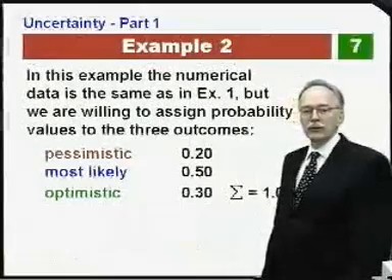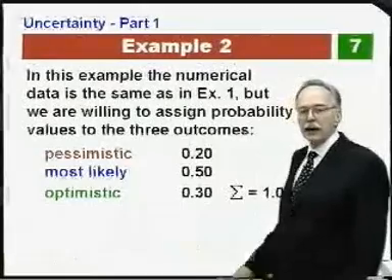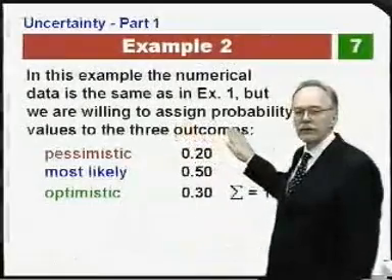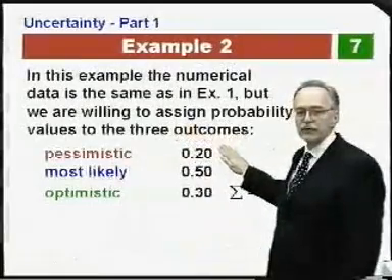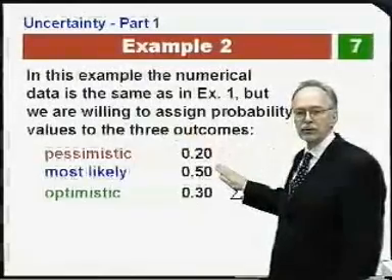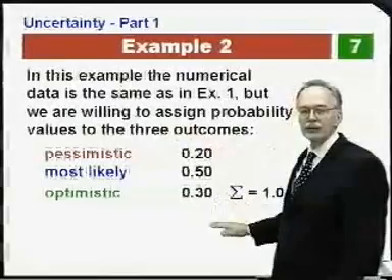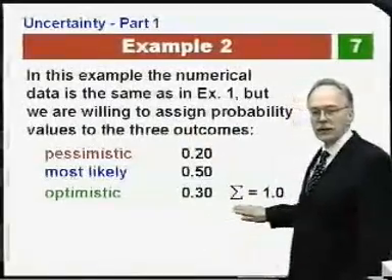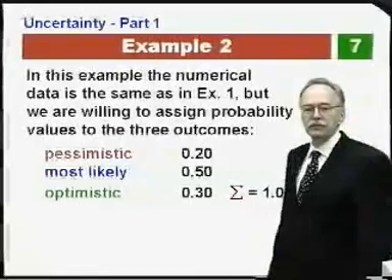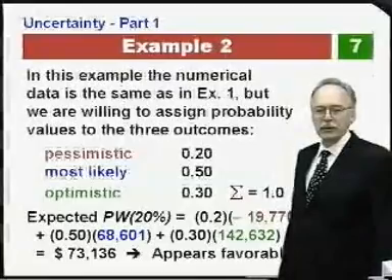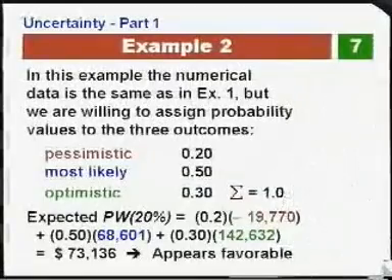Well, let's extend this example, use the same numbers, but add some more information. Let's say we're willing to assign probability values to the 3 outcomes, specifically 20% probability to the pessimistic, 50% to the most likely, and 30% to the optimistic outcome. Note that the probability values have to add up to 1, as they must. Then we can simply compute an expected present worth.